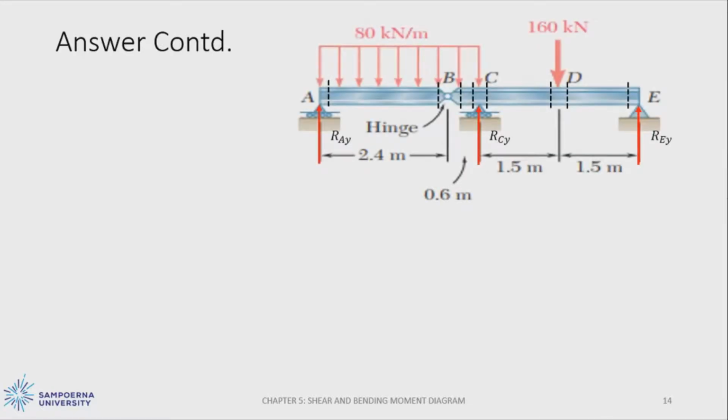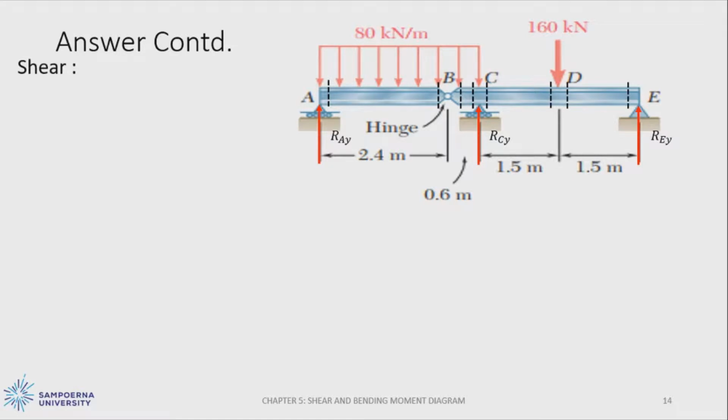After calculating all of the shear based on the partitions that we have created, we can go on to create the shear force diagram. This is the partition that has been created.